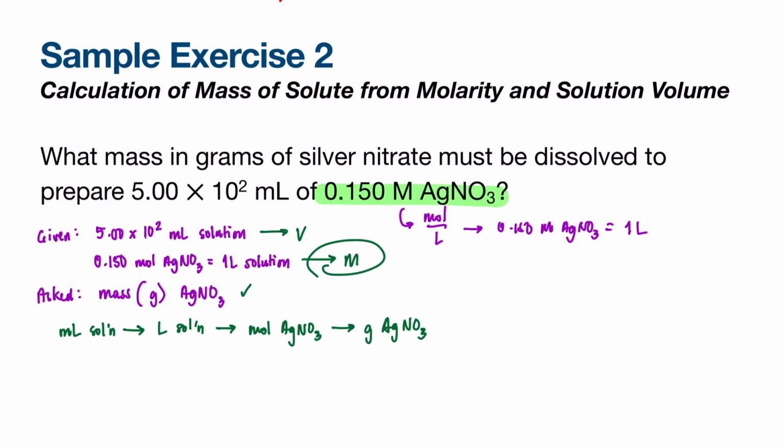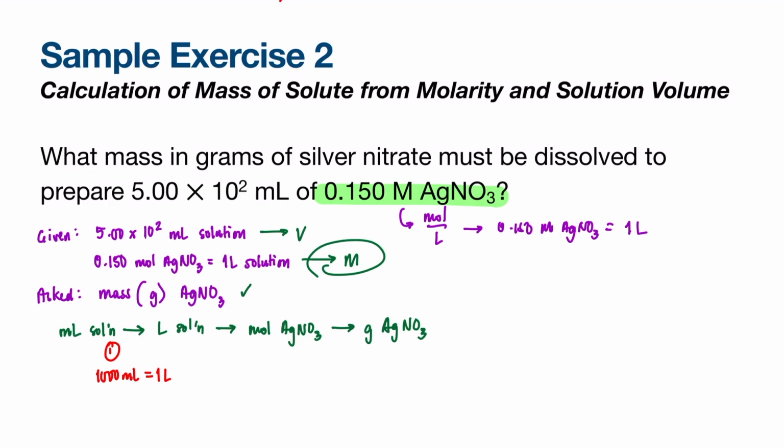And as you may have noticed, we are converting from one unit to another. Therefore, we need conversion factors to transform one unit to another. For number 1 here, from mL of solution to liters of solution, our conversion factor would be 1000 mL is equal to 1 liter.